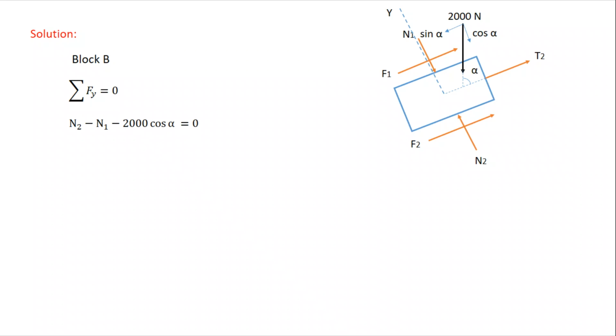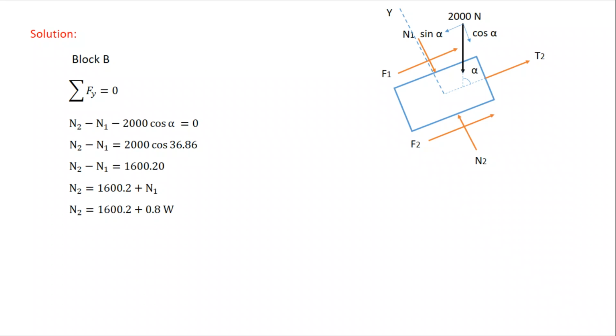So taking the summation of Fy: plus N2 minus N1 minus 2000 cos alpha, so N2 minus N1 is equal to 2000 cos 36.86, which is 1600.2. So N2 is equal to 1600.2 plus N1, and N1 we have already calculated as 0.8 W.